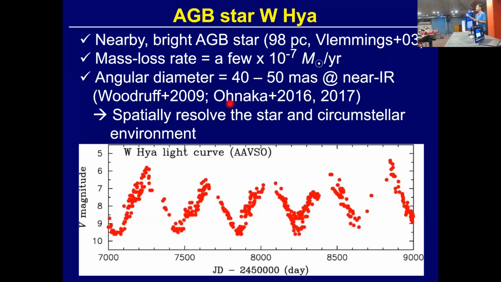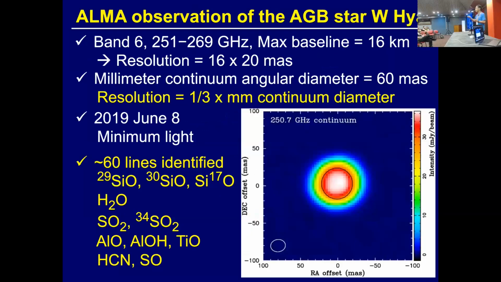So this gives us the opportunity to spatially resolve the star, its surface, and its circumstellar environment, which is why we observed W Hya with ALMA in band 6 from 250 to 270 gigahertz with a maximum baseline of 16 kilometers, which gave us a resolution of 16 times 20 milliarcseconds.